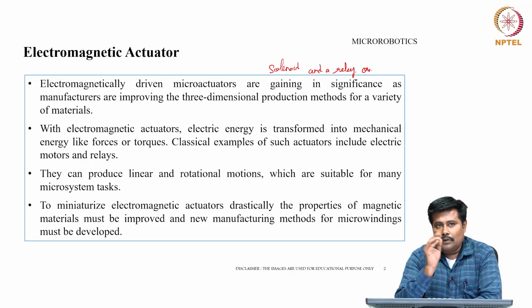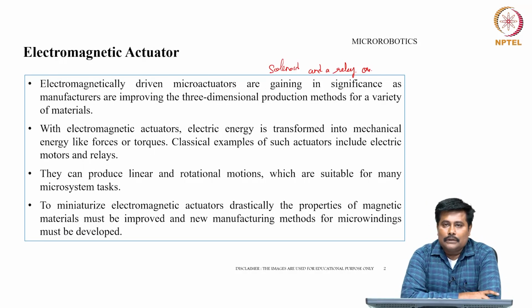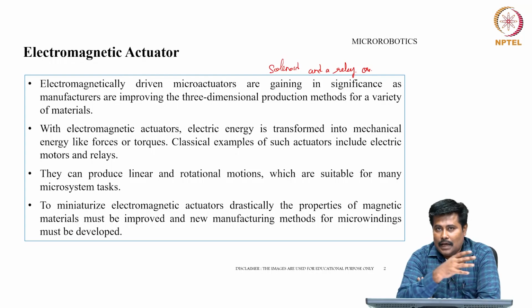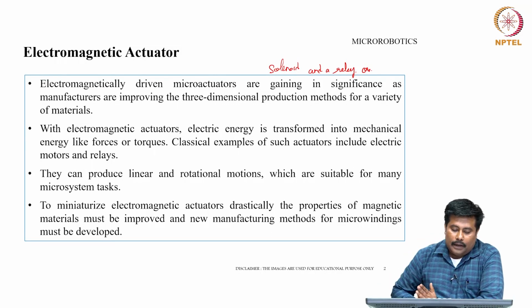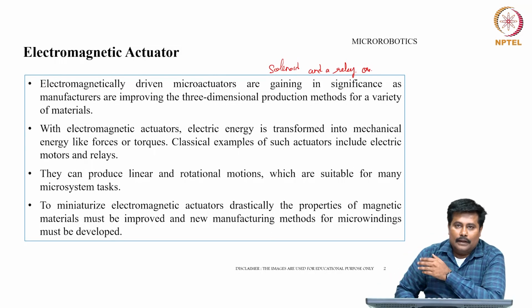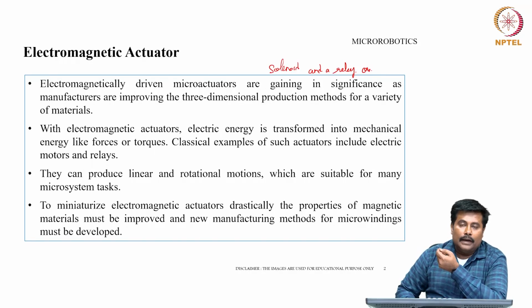These electromagnetically driven micro actuators have significance as manufacturers are improving the three-dimensional production methods of a variety of materials. In electromagnetic actuators, electrical energy is transformed into mechanical energy like forces or torques.